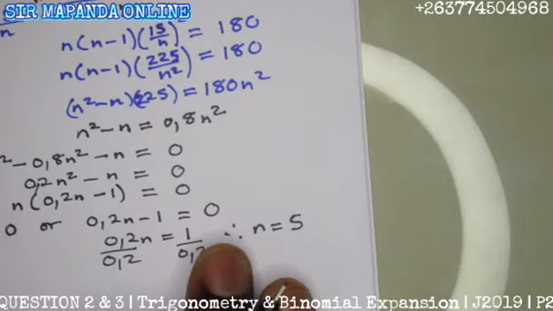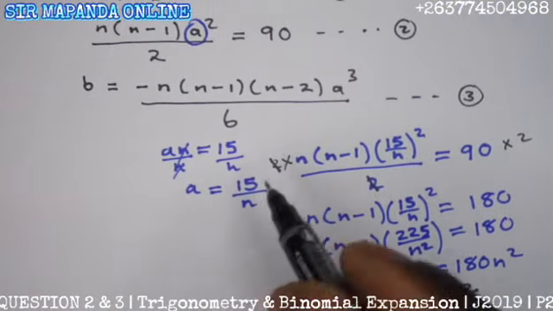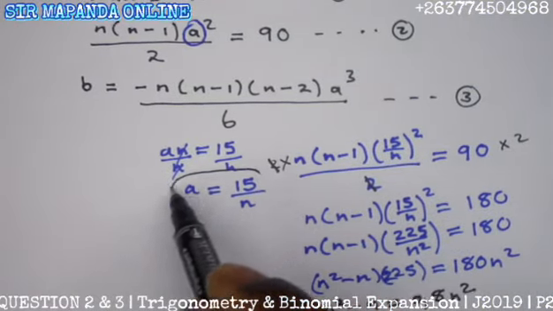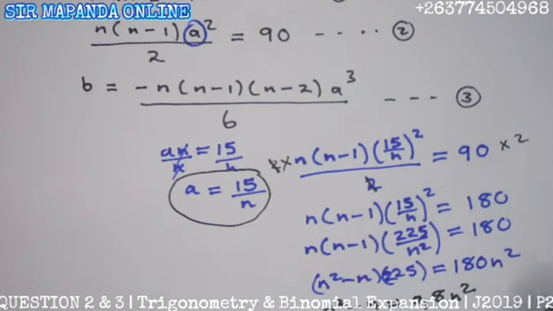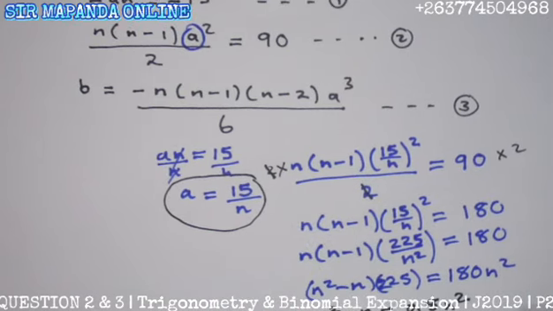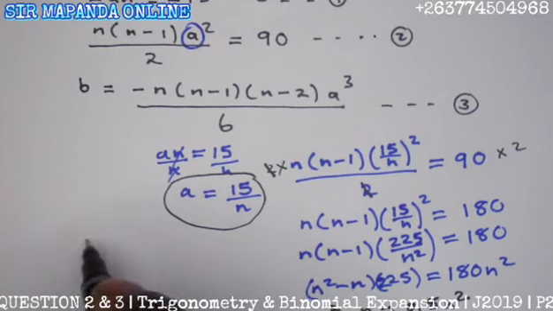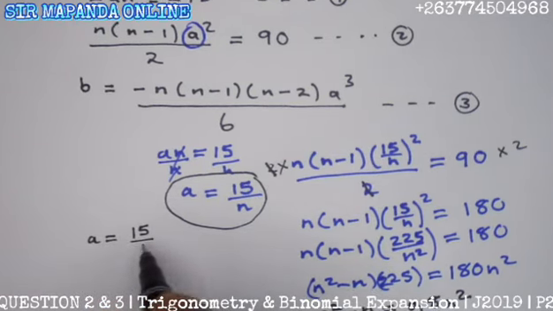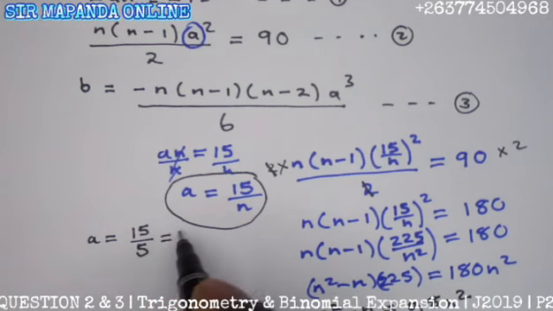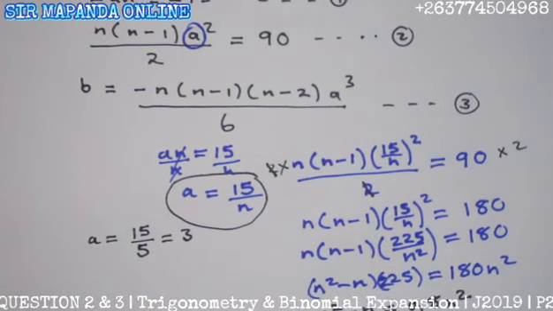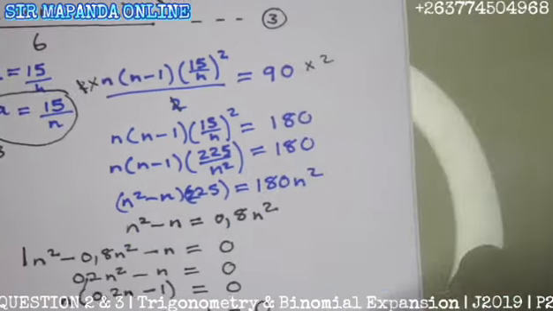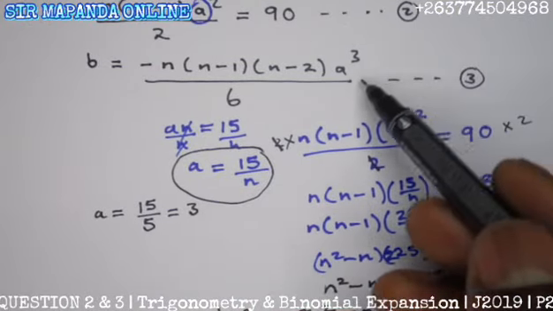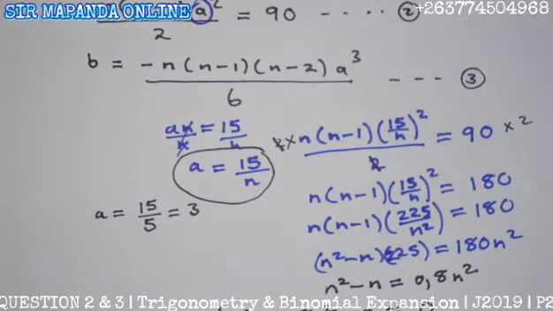Then to find the value for a, you go back to the first equation where we made a the subject of the formula. Insert 5 for n, you get a is equal to 15 over 5, meaning to say a is 3. I hope you are following. Then to find b, you substitute n is equal to 5 and a is equal to 3 in equation number 3.